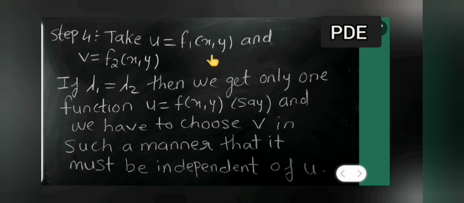Take u = f1(x, y) and v = f2(x, y). If λ1 = λ2, then we get only one function, u = f(x, y). If both roots are the same, there will be only one function, and we have to choose v in such a manner that it is independent of u.